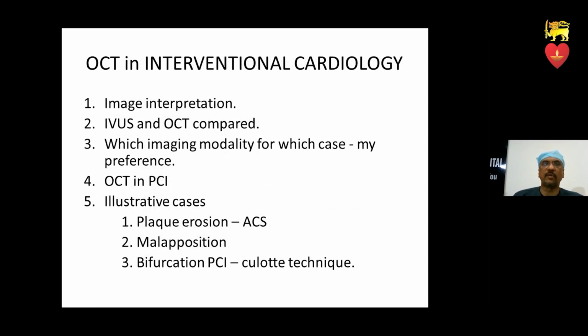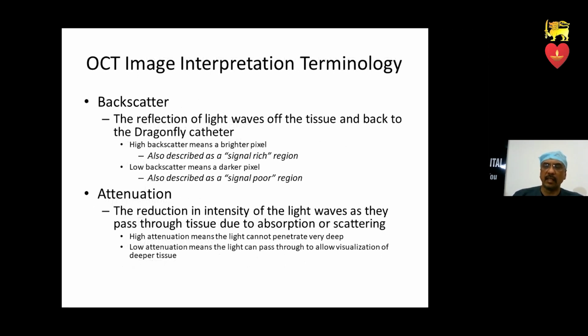Before we understand the interpretation, we look at a few terms which we use during interpretation of OCT. The first one is backscatter, which we get when the reflection of light waves comes from the tissue back to the catheter. When there is high backscatter, it reflects a brighter pixel, and low backscatter reflects a darker pixel.